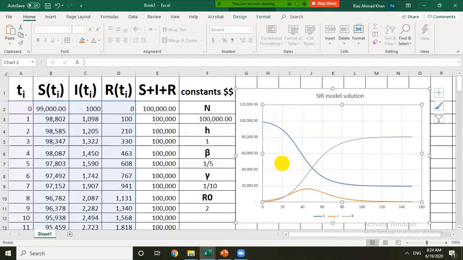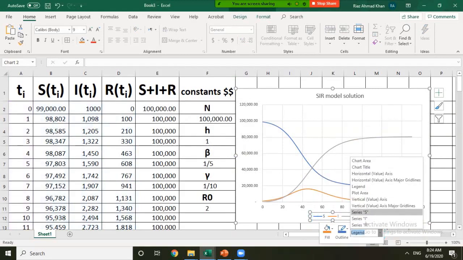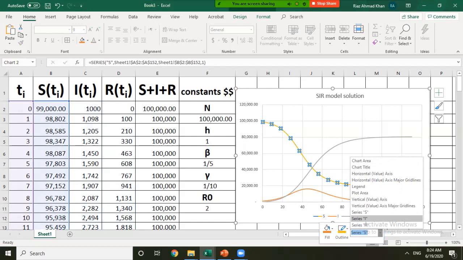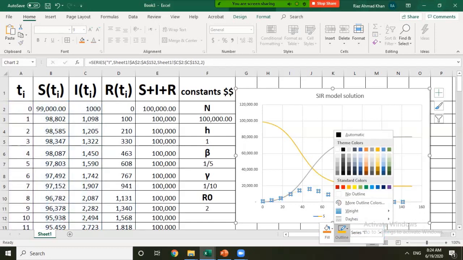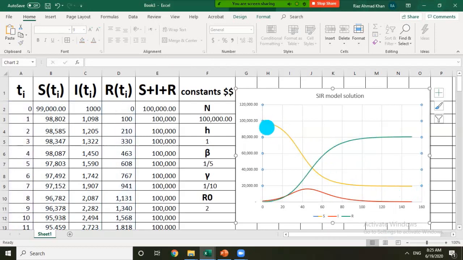We can also change these colors. For example, select series S and let its color be orange. Series I infected, let its color be red. And for the series R, let us choose green color. So these are the curves for susceptible, infected, and removed population.